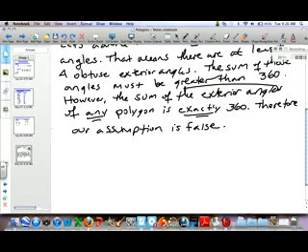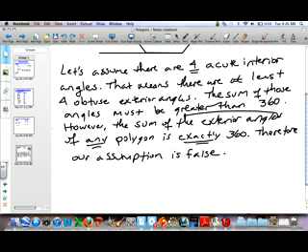As we said before, we start off by assuming something to be true that we know is false, and then we prove that that statement is false. And this is exactly what we've done here. So this is a very simple proof to learn how to do proof by contradiction. It's a really neat approach. And like I said, I think this is one of those logical thinking skills that goes way beyond the classroom.